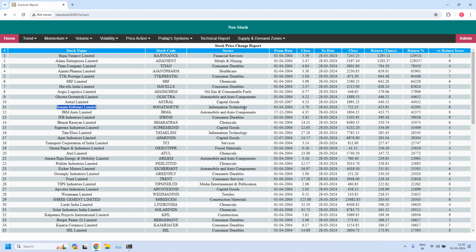You might be thinking IT stocks means, okay, Infosys, TCS, Wipro, but Sonata Software has given extraordinary profit. TCS has given you only around 40 times return during last 20 years. But Sonata Software has given you 423 times return.